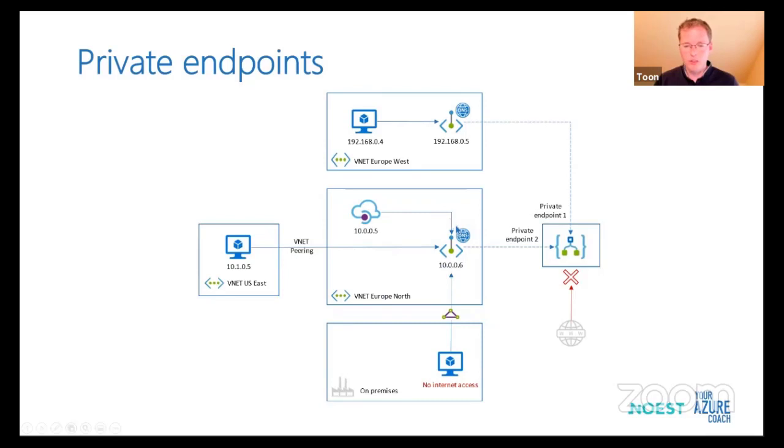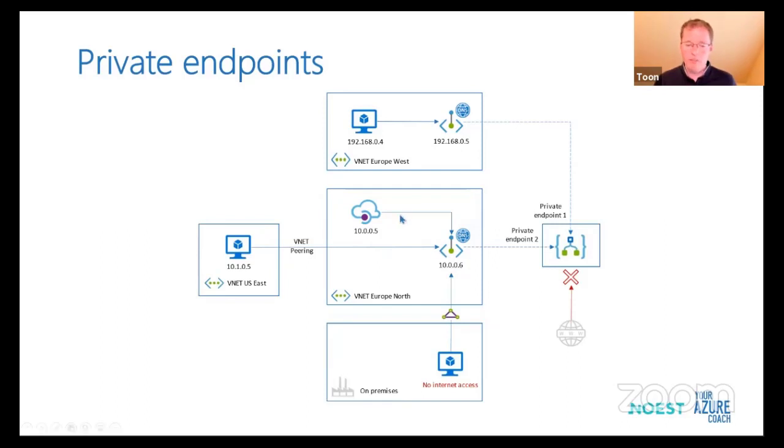Of course, in your network, you will need to have some local DNS resolution that makes sure that the host name that you configured on your logic app gets redirected to this private endpoint. So this is a very nice network security measure that makes sure that your PaaS services, your platform as a service technology, is not open on the complete internet. No, it's only available from within your virtual network.